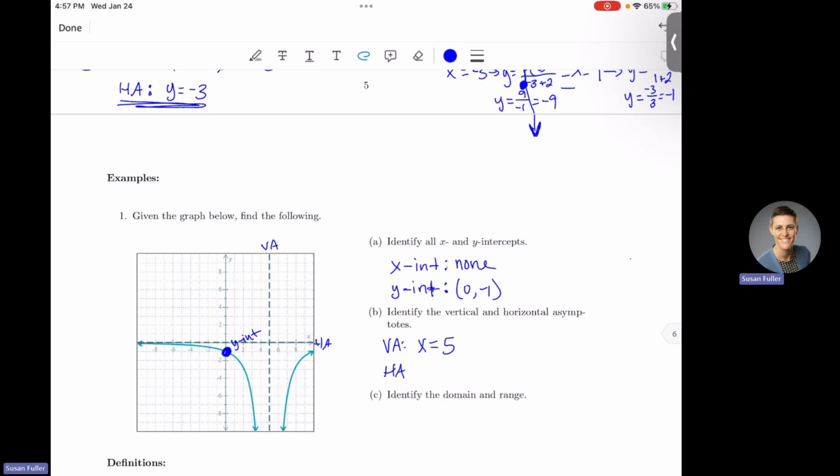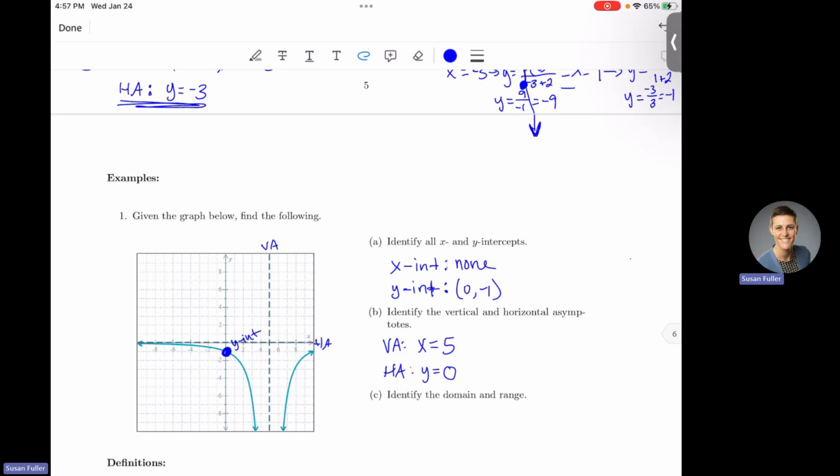And then how about our horizontal asymptote? Yep, horizontal asymptote we identified here before. It is the x-axis, which is a horizontal line that has the equation y equals, and this horizontal asymptote goes through y equals 0.